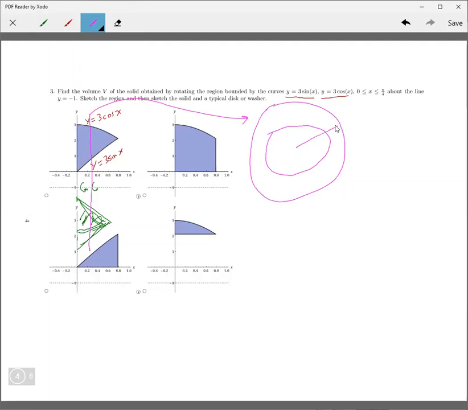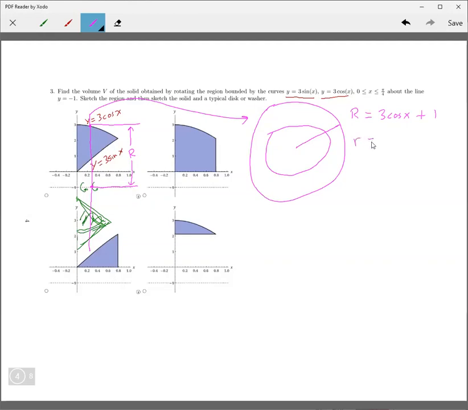And here, the outer radius goes from here to here, okay? So the outer radius is going to go all that distance. Now, from here to here, it's 3 cosine x. But you've got an extra 1 there. So it's going to be 3 cosine x plus 1 will be the outer radius.